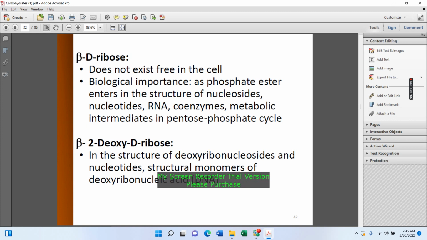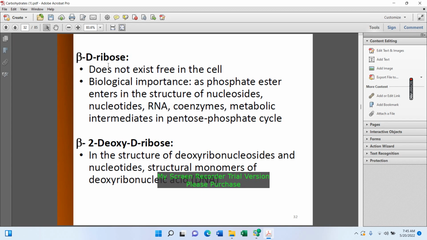Its biological importance is that as a phosphate ester it enters the structure of nucleosides, nucleotides, RNA, coenzymes, and metabolic intermediates in the pentose phosphate cycle.